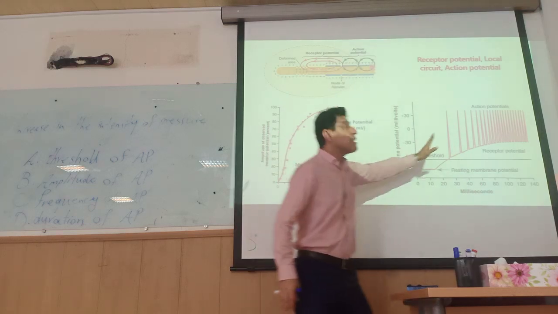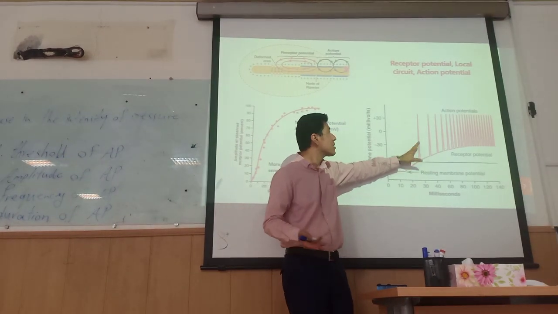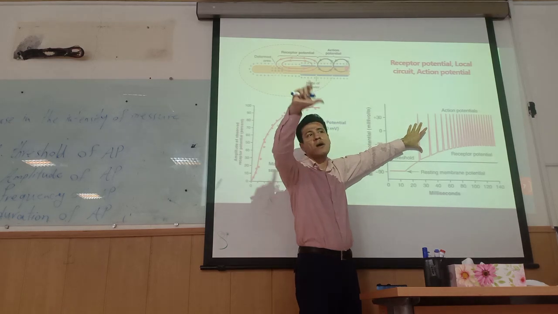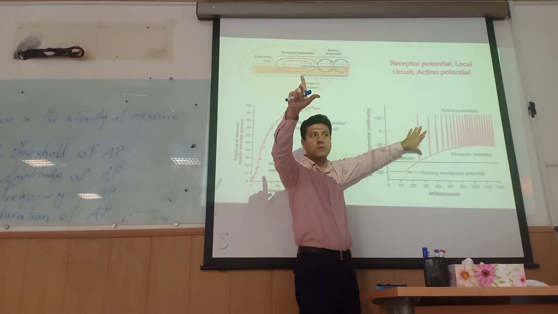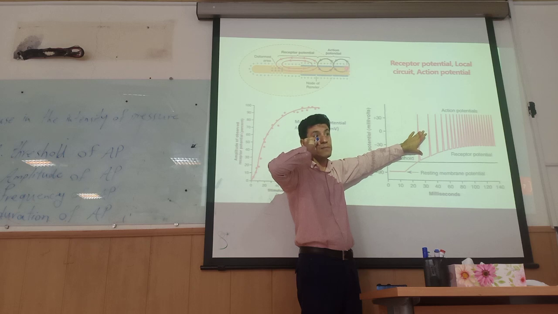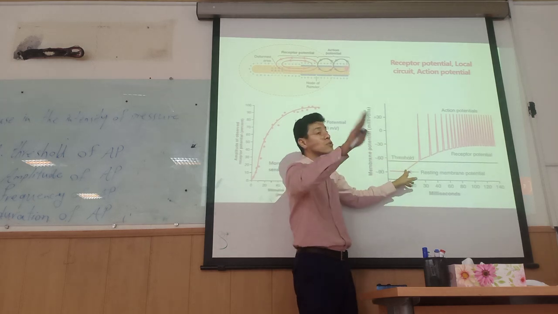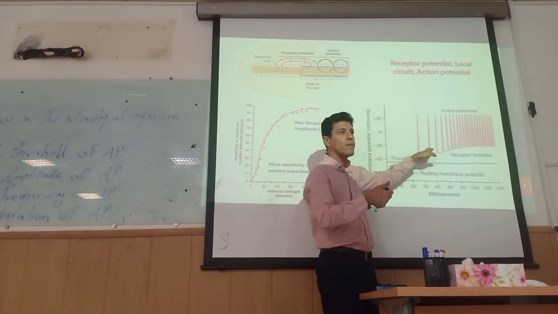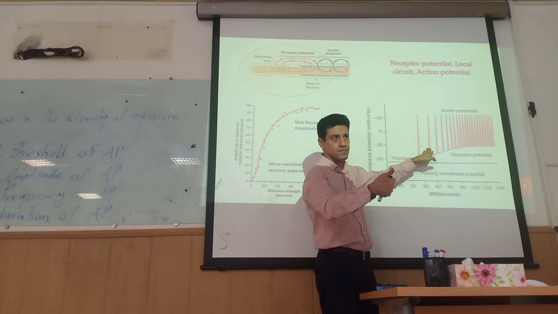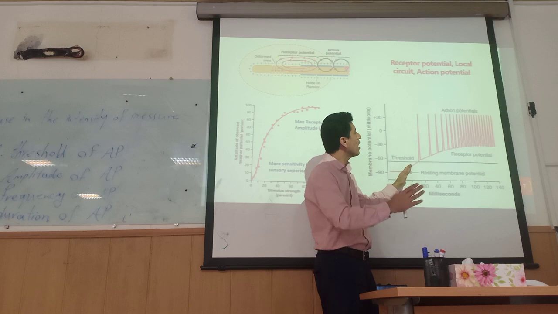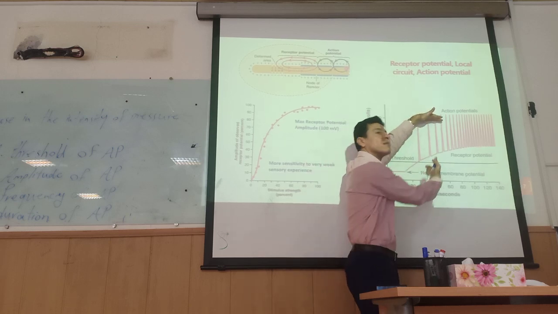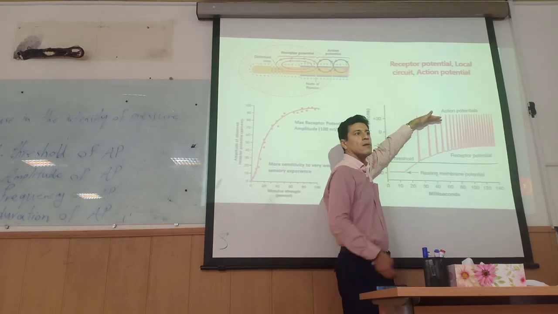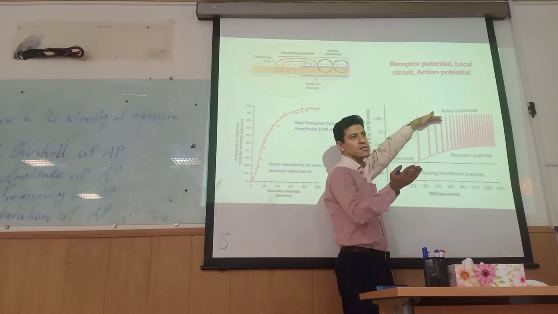Action potential is generated, but all of them have the same size, same amplitude. If the resting membrane potential goes higher than threshold, then we will have action potentials. If we increase it even more, we will again have action potentials, but with the same size. The effect will be the same.